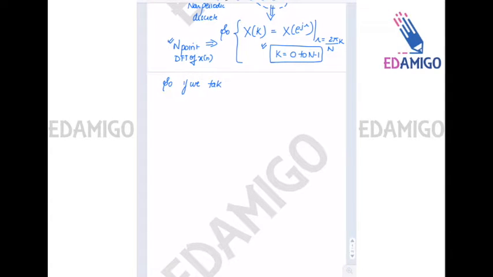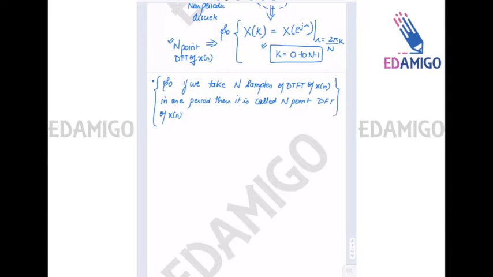If we take N samples of DTFT of x[n] in one period, then it is called N-point DFT of x[n]. So is it clear? This is the important definition that you should learn.